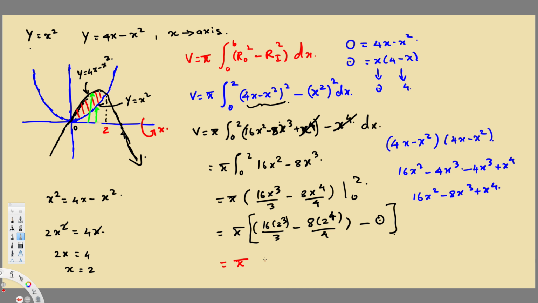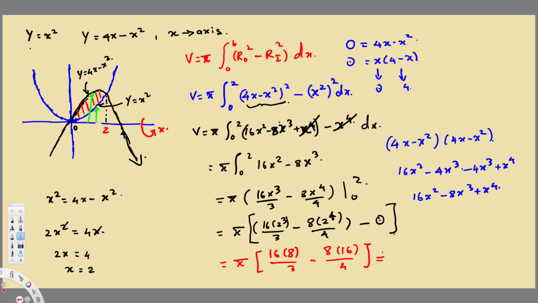So this is going to be pi times, so 16 times 2 cube, 2 cube is 8, divided by 3 minus 8 times 2 power 4, 2 power 4 is 16, so 16 divided by 4, that's it. And if you notice, we have 16 times 8, 8 times 16. Let's keep it as it is, because maybe it will be helpful to simplify.